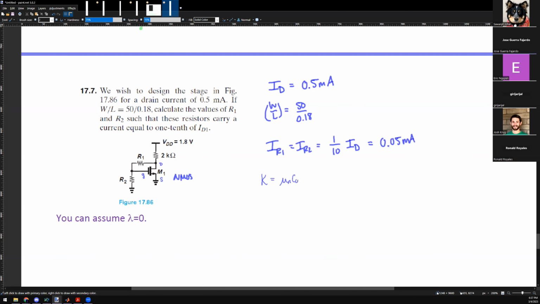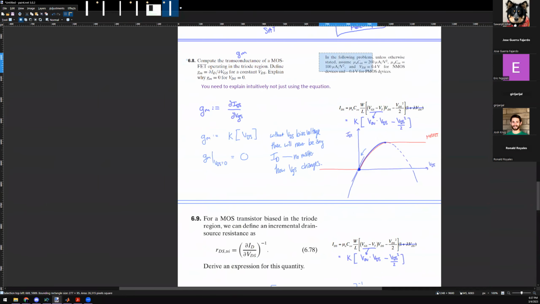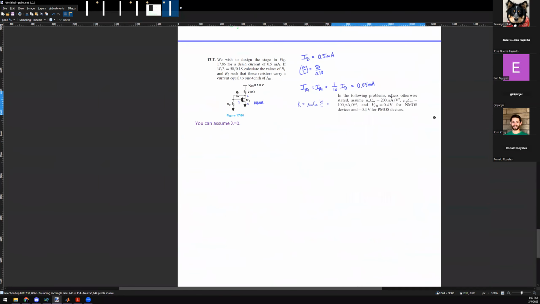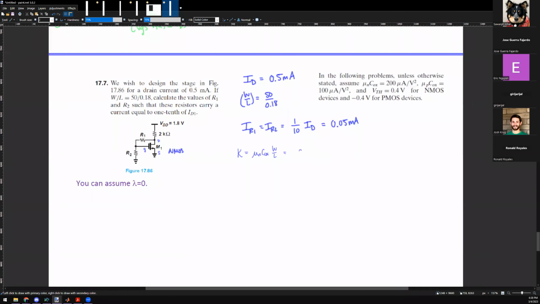Okay. So if it's an NMOS, I just want to solve for K, which is equal to mu n Cox W over L. For this problem, I'm just going to pull from here. So mu n Cox is just 200 microamps per volt squared. W over L is this nice clean 50 divided by 0.18.